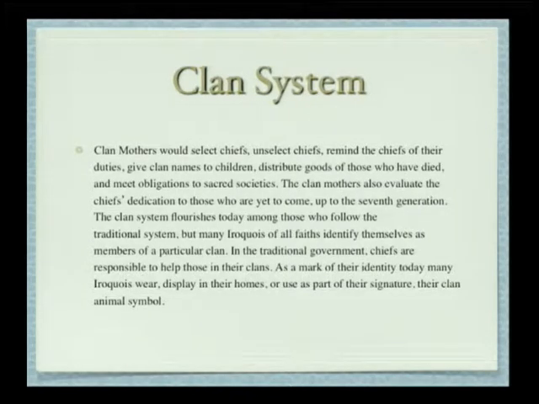So the clan system flourishes still among those who follow the traditional system, but also lots of Iroquois of all faiths.